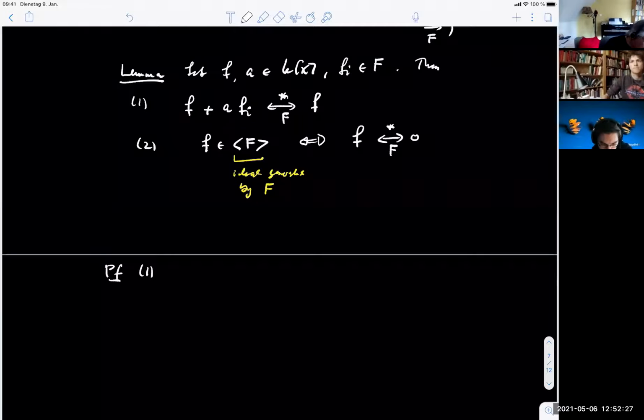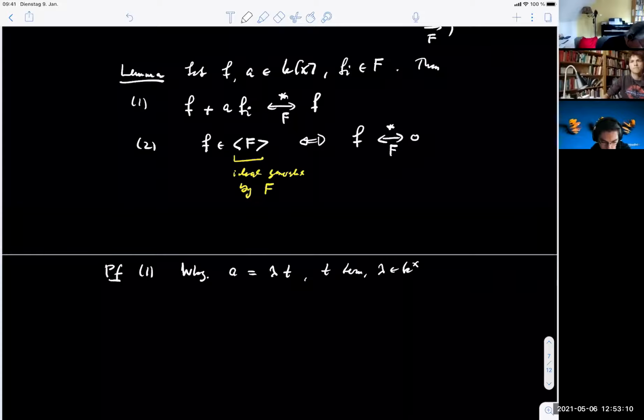It is easy to see that without loss of generality, a can be a monomial: some non-zero coefficient lambda times a term t. Because if I have proved statement 1 for these special a's, I can just apply it several times, writing a as a sum of monomials. So it's enough to do it in this case.